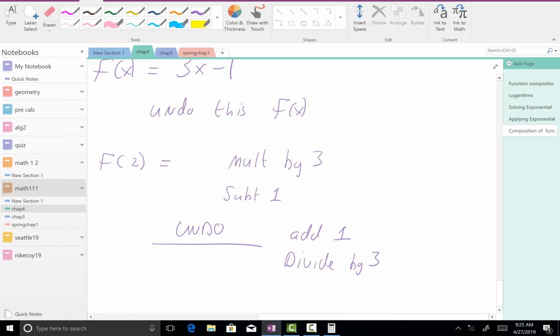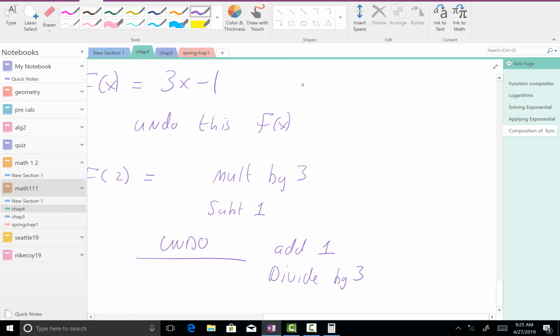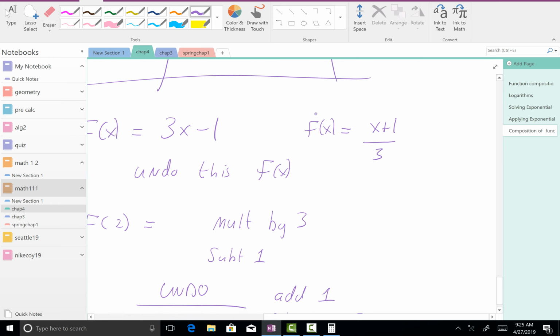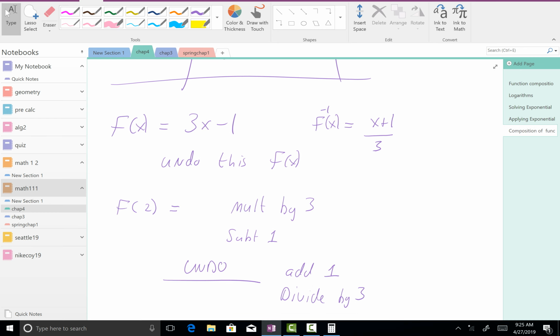So that would look like, we would take x and add a 1 and divide by 3. And the little negative 1 up top is a symbol for inverse. Okay? So, yeah, that's what we would do.